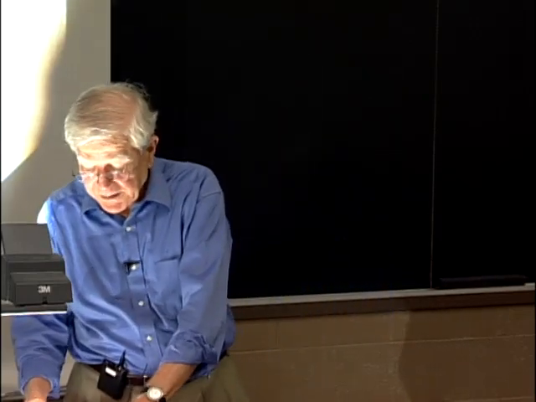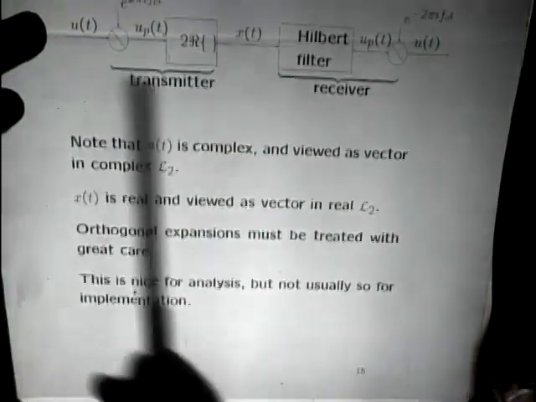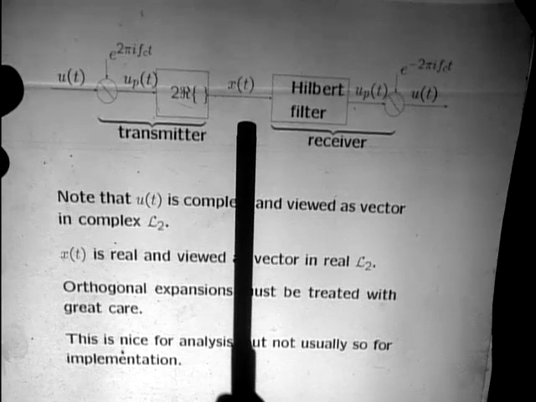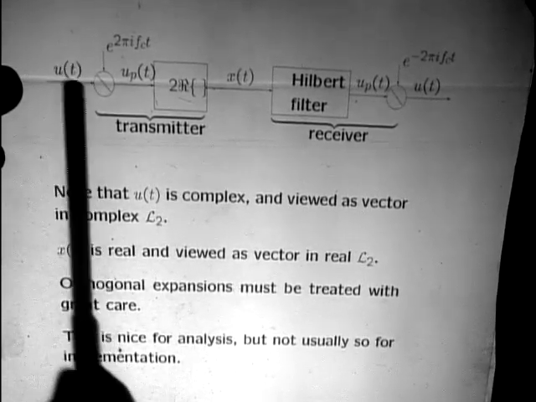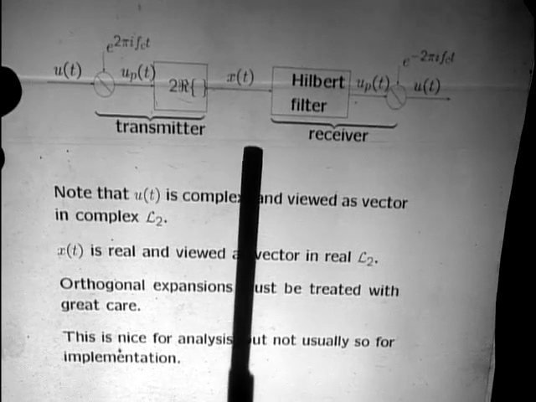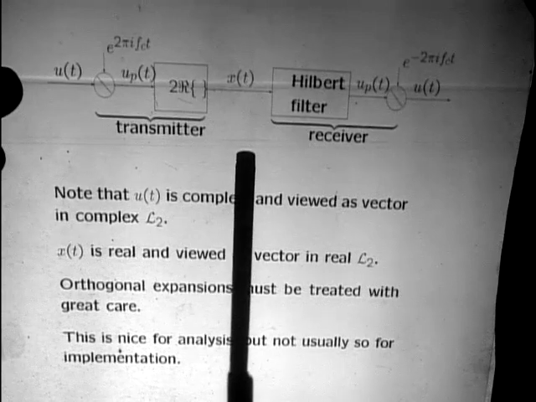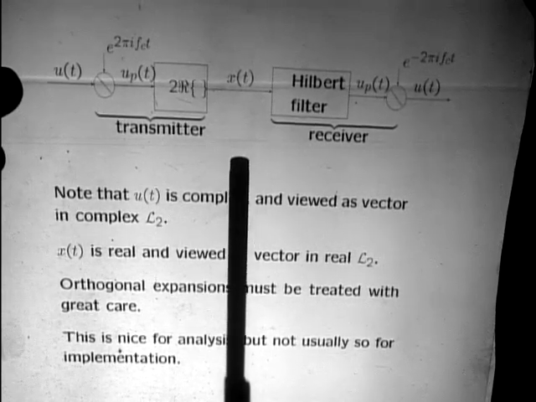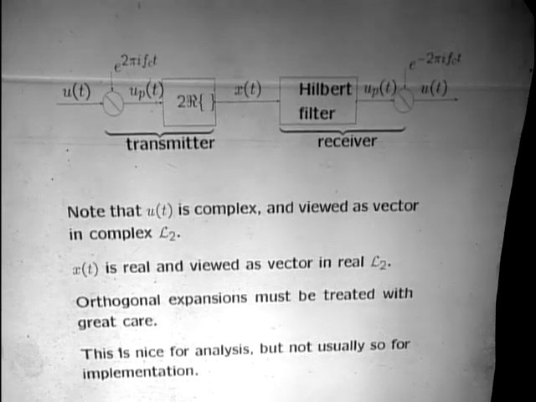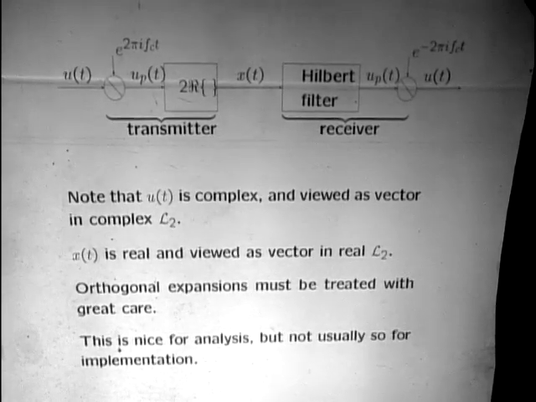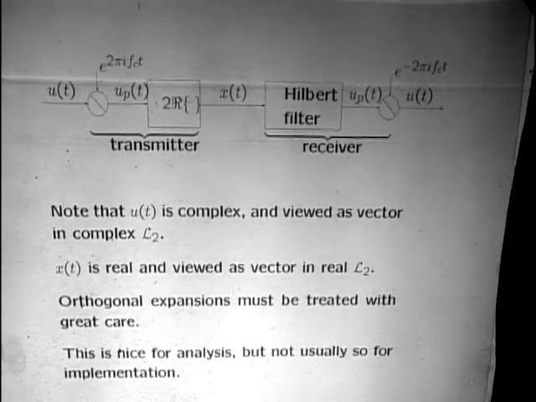When we start thinking about orthonormal expansions for u of t and orthonormal expansions for x of t, you have to be quite careful about this, because you take an orthonormal expansion here, translate it up into frequency, and you wind up with a bunch of complex waveforms, and they aren't real waveforms, and funny things start happening. So we'll deal with all of that later. This is just to warn you that we have to be careful about that. This is not the way people implement these things, because these Hilbert filters are in fact four real filters.